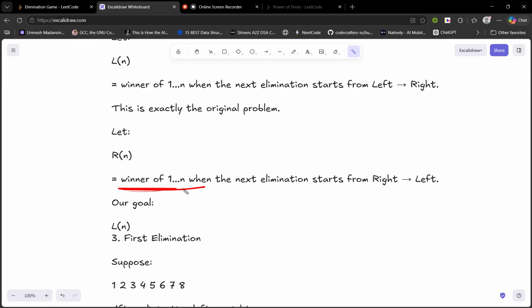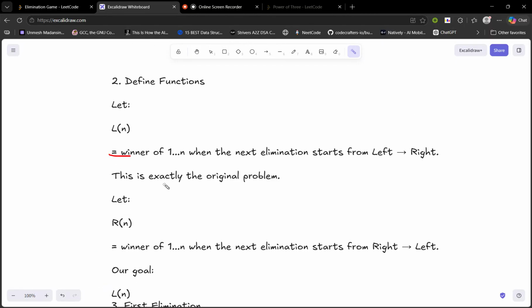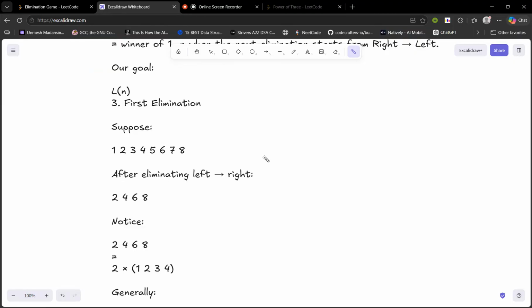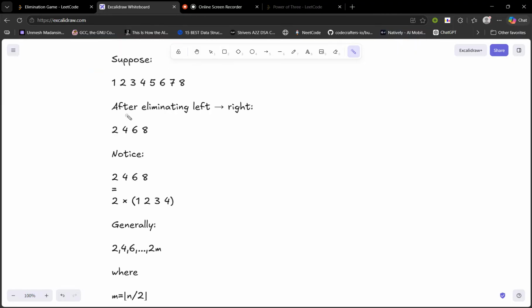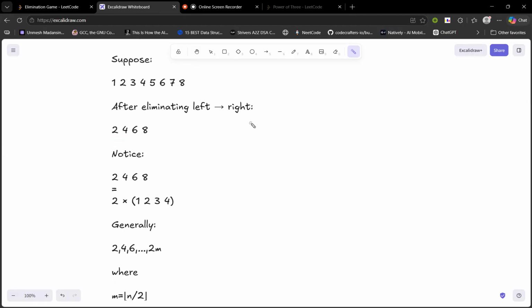Winners are nothing but the numbers which remain, which do not get removed from the array. So our goal is to find L of n, as L of n is exactly the original problem, that is f of n. Okay, so let us dry run after the first elimination. So 1, 3, 5, all the odds will be gone. So 2, 4, 6, 8 remain.